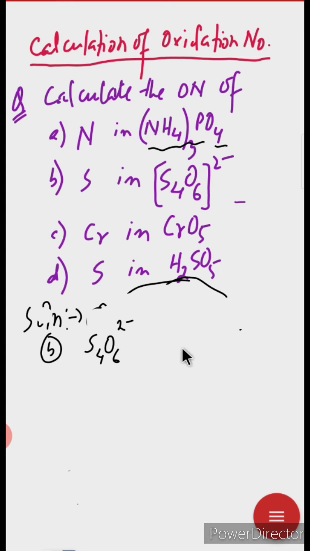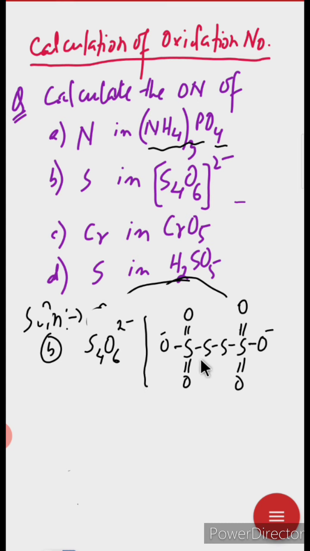There are 4 sulfur atoms here like this, and 2 oxygens will be attached to the end sulfur, and 1 oxygen will be attached here, and 1 oxygen attached here. This is the structure of this ion.